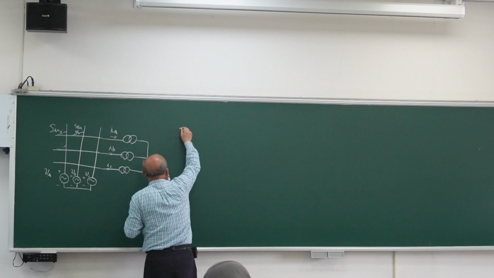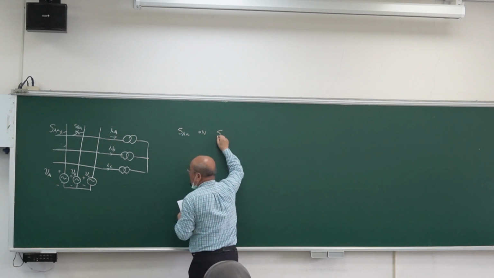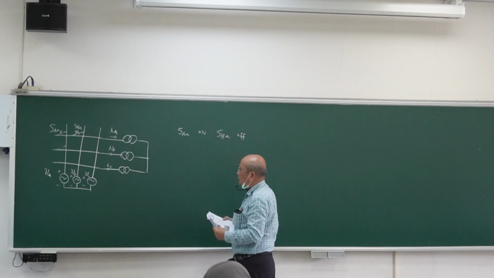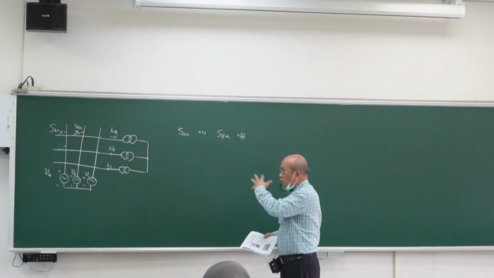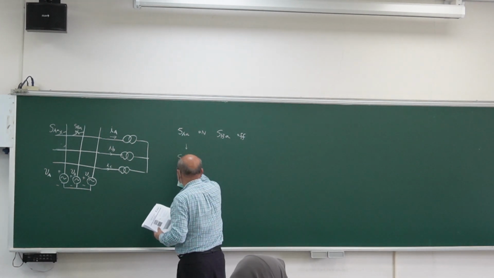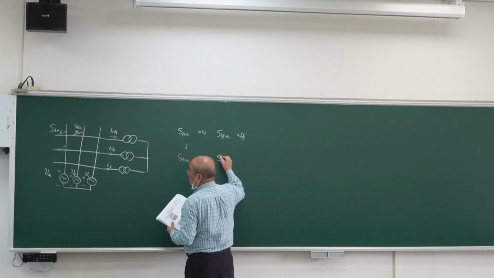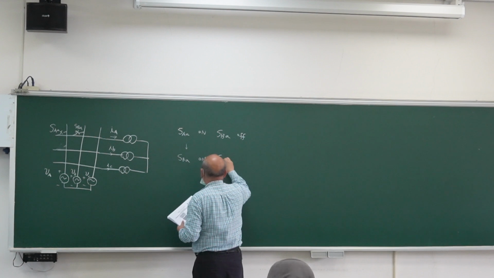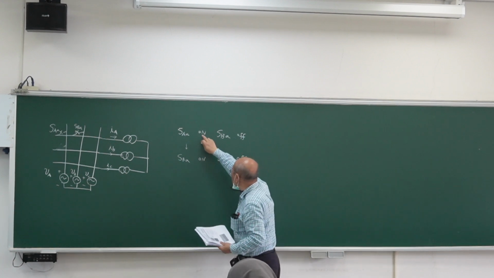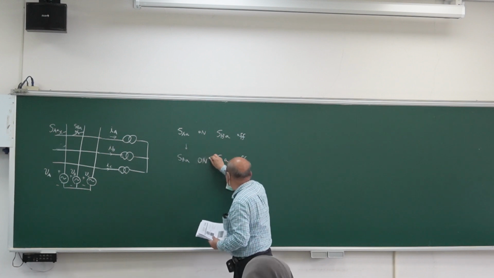So first SAA on, SBA off. Now we want to do the switching. So we can change to SBA on, SAA off. This is on, off.